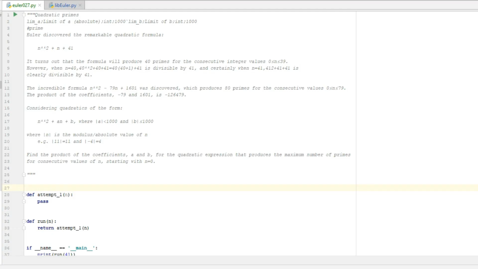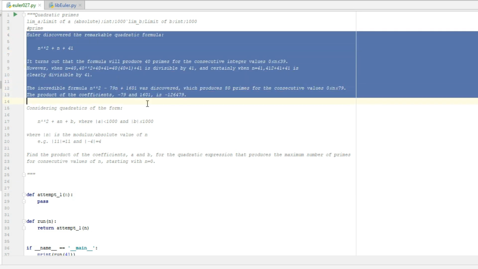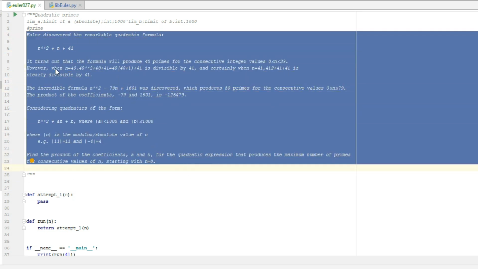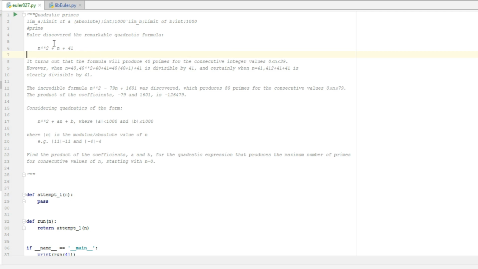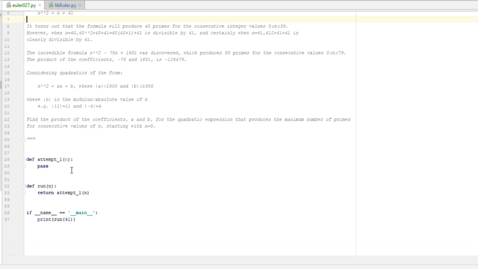Here we are in PyCharm, and as you can see, I've already set up the template, and as you can see, plainly copying in the description loses a lot of the mathematical notation we saw in the Project Euler description. So here we are, we've got the boilerplate set up, and we are ready to go at attempt number 1.